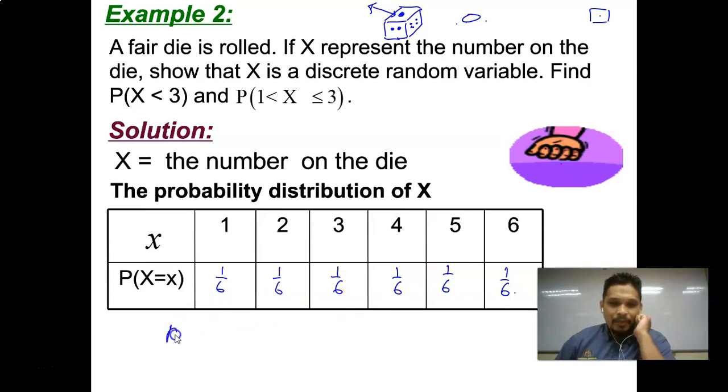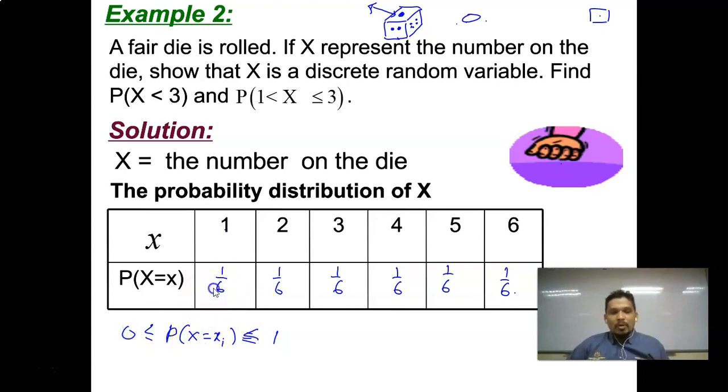So the probability of x for every single x, 1, 2, 3 until 6, is equal to 1 over 6, which is in between 0 and 1.